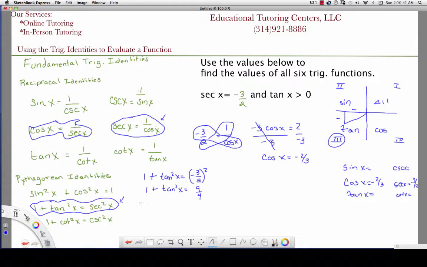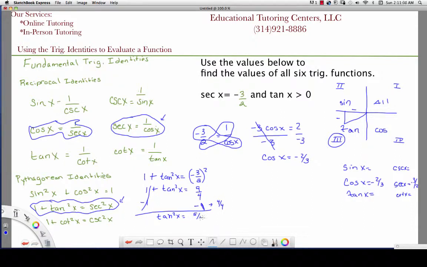And then I'm going to subtract 1 on each side in order to isolate tangent here on the right side. Tangent squared x is equal to, now this value of 1, I'm going to go ahead and change it to its equivalent, which is 4/4, so that I'll have the same denominator as this fraction that I'm subtracting it from. And so that will leave me with 5/4.